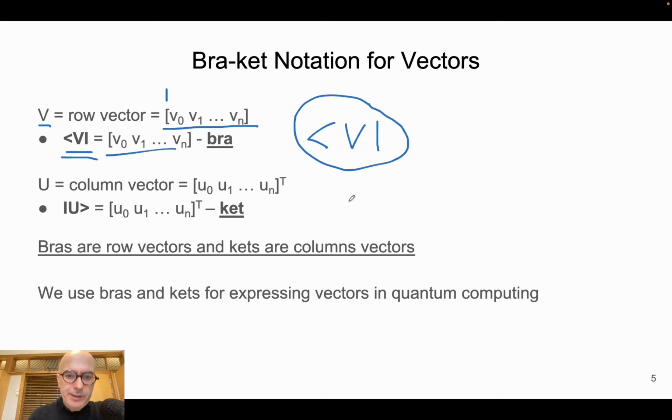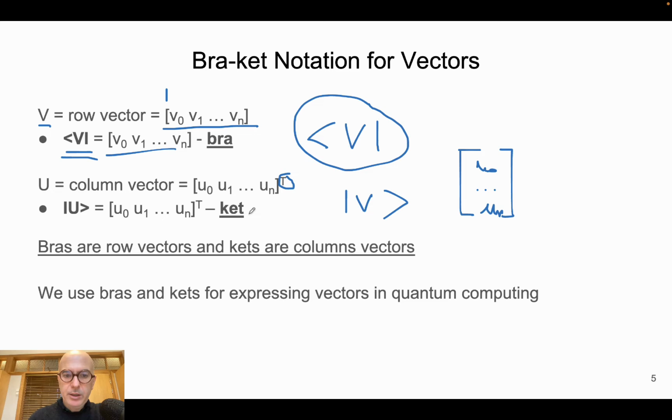We can also use the ket. In this case it will be v, and this is a ket. In this case it is a column vector. You see here a transpose sign, which means that this is just a column vector: u0, dot dot dot, and then un.